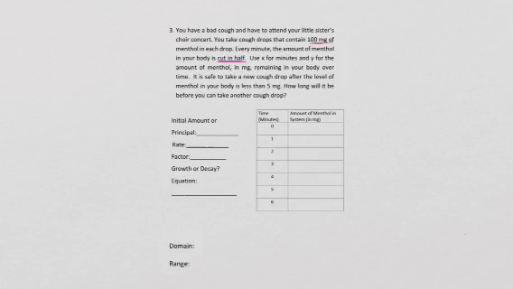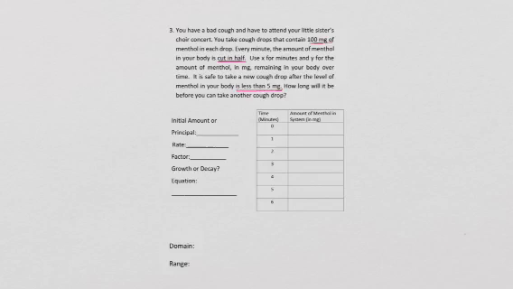Use X for minutes, Y for the amount of menthol in milligrams remaining in your body over time. It is safe to take a new cough drop after the level of menthol in your body is less than 5 milligrams. How long will it be before you can take another cough drop?